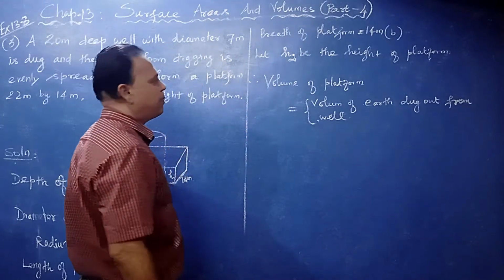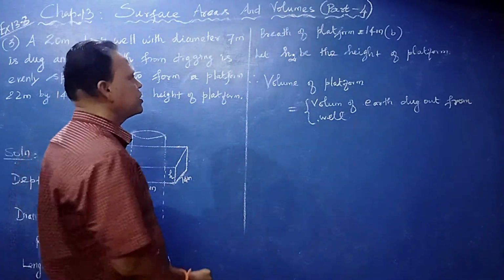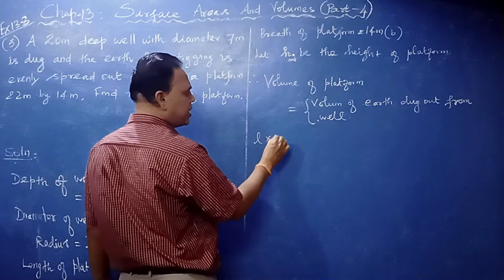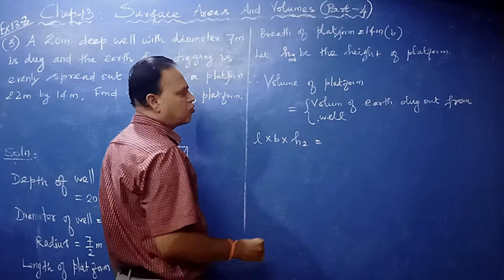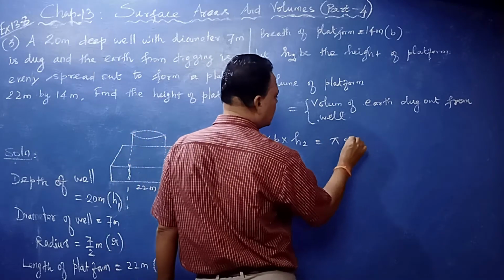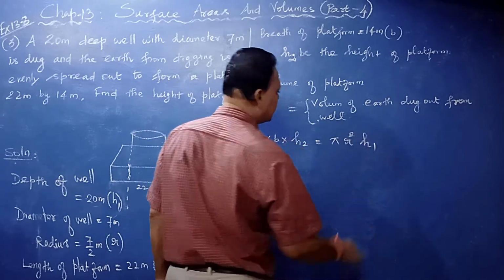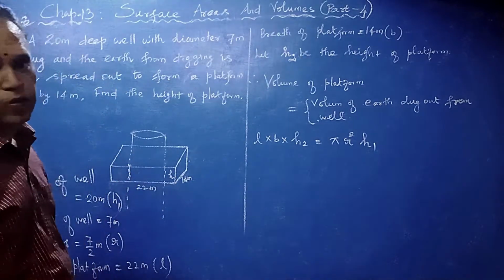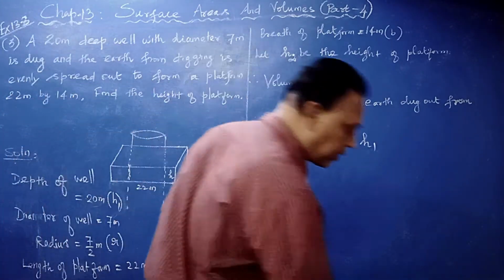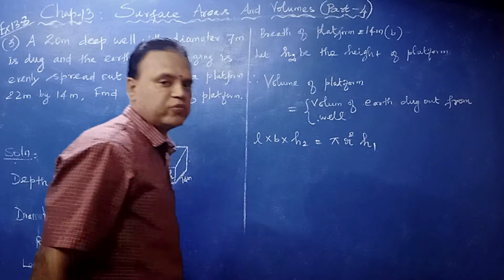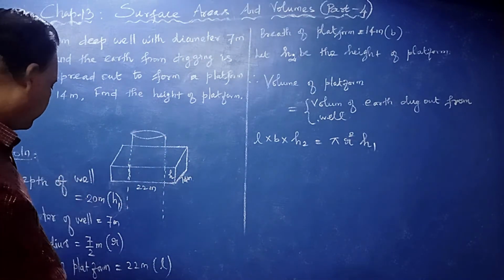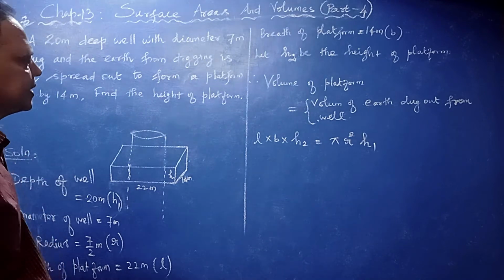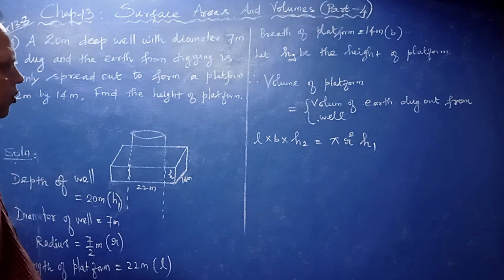Volume of platform is L into B into H2. Volume of earth dug out means πR²H1. So correctly you have to write the formula. Now we have to find out H2.